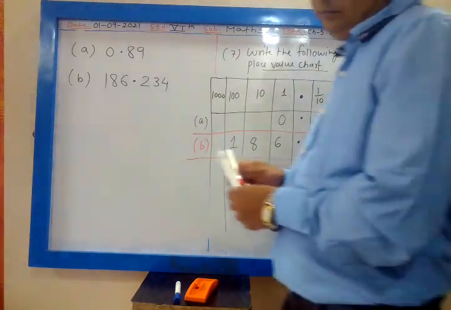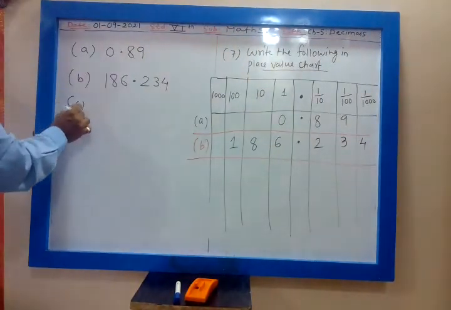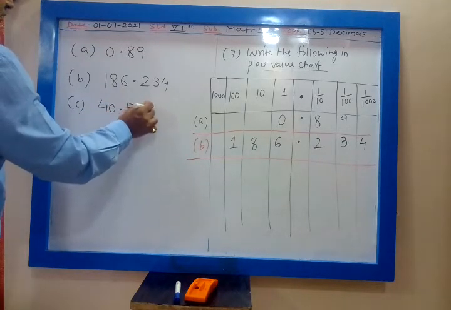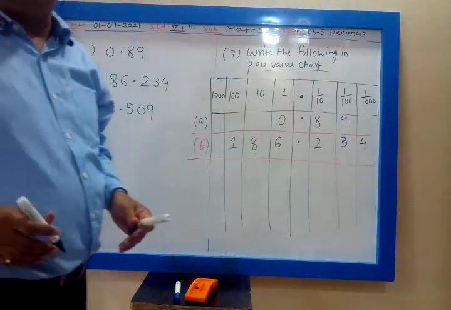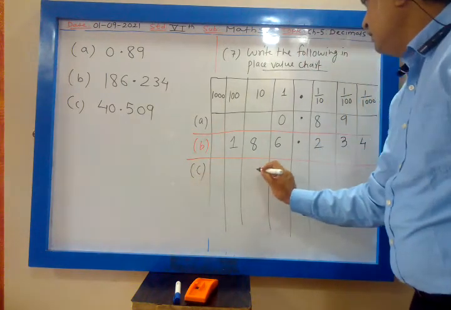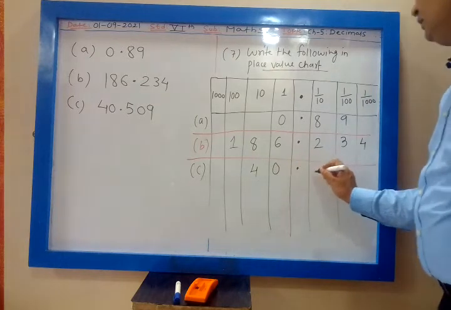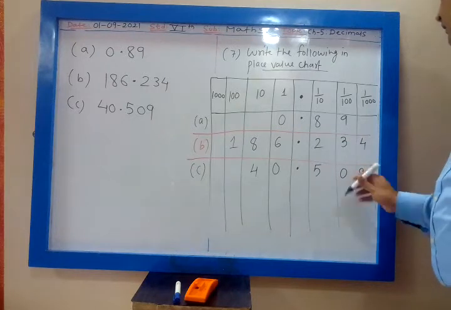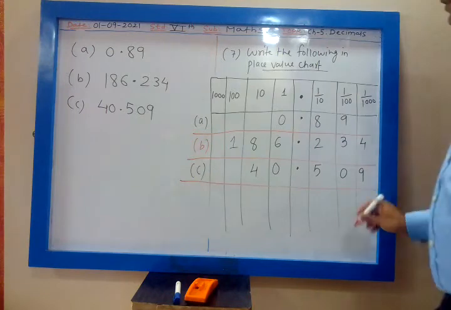Then, if the screen is clear, my dear, C is 40.509. Do it. 40, tens. Yes, 40.509. Chalo, C is done.